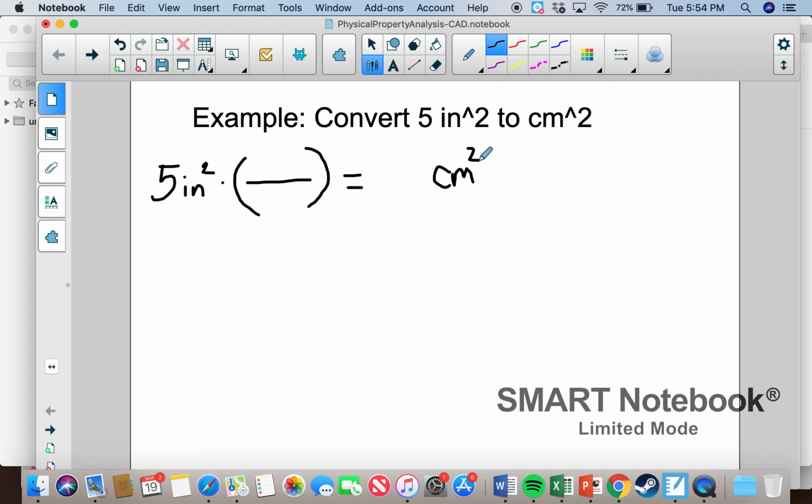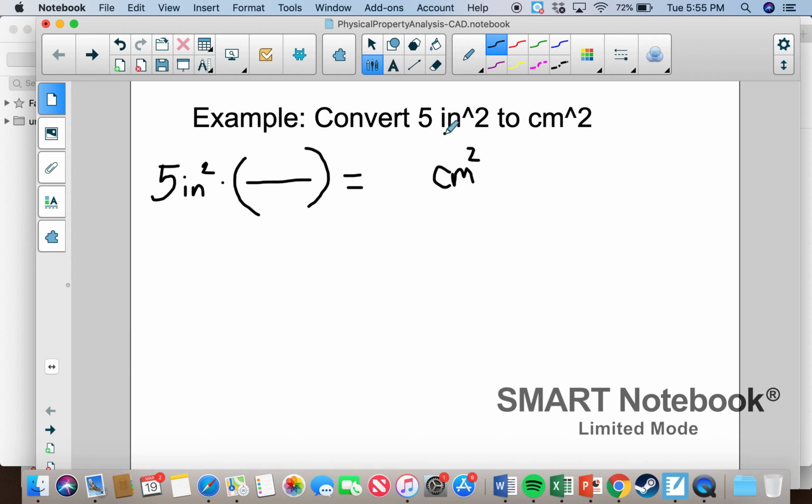Weirdly enough, when you're dealing with units raised to a certain power, you very briefly, for a moment, pretend like the power is not there.